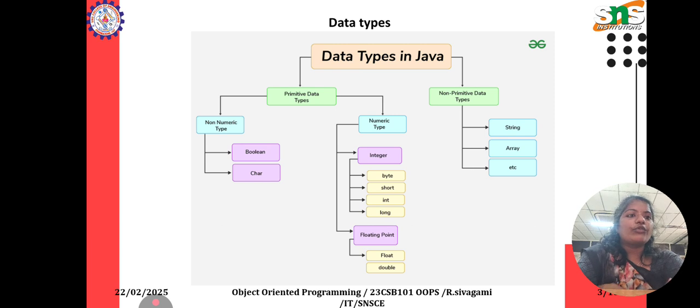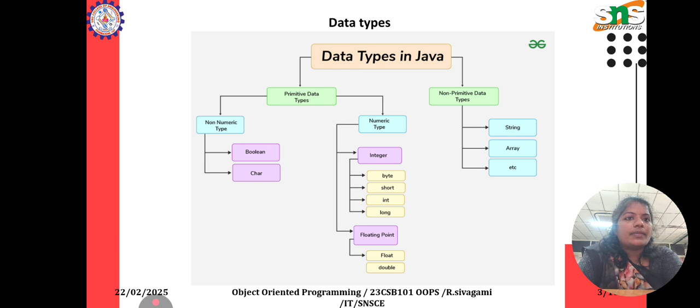Here I give a flowchart for data types in Java. There are two types in Java: primitive data types and non-primitive data types. Primitive data types are also categorized into two sections: non-numerical and numerical data types. The non-numerical data types are boolean and char. The numerical data types are integer, which contains the whole numbers.